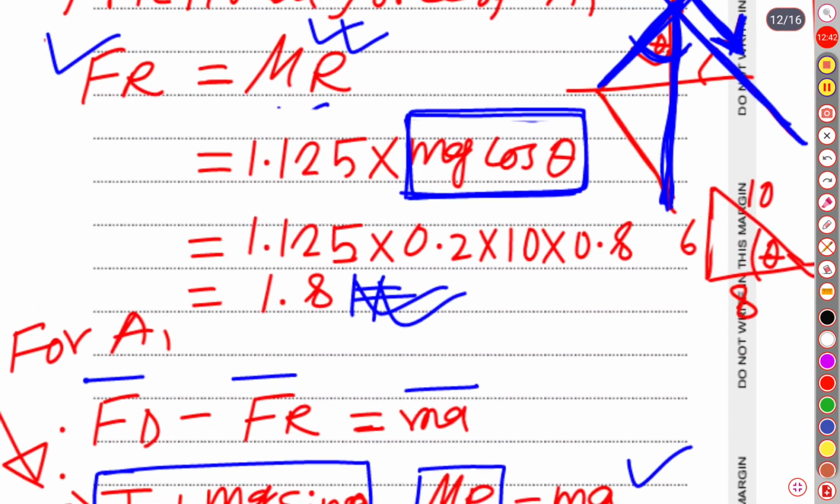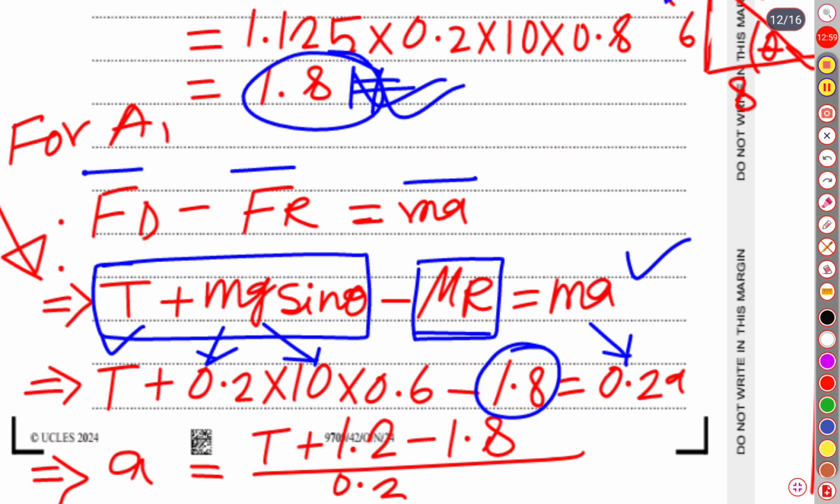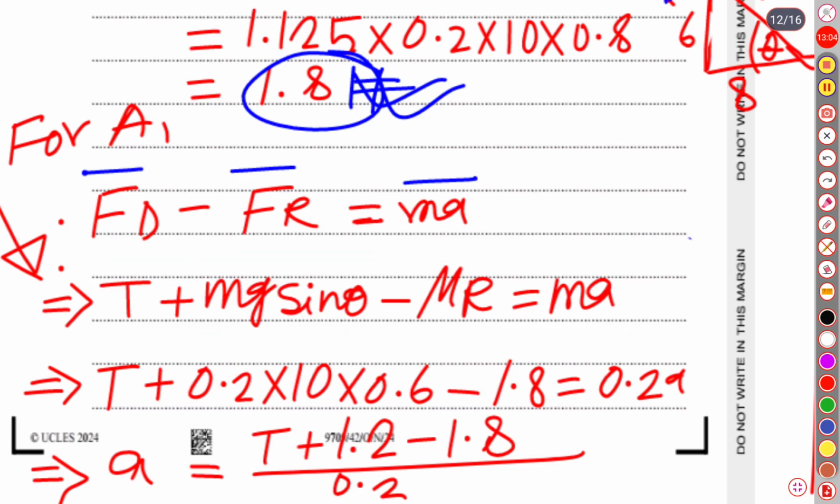After that, minus 1.8, the frictional force we have already obtained, equal to, on the right side, mass 0.2 and acceleration. Now if we isolate a, then this 0.2 will go down as the denominator, and all of these are the numerator.